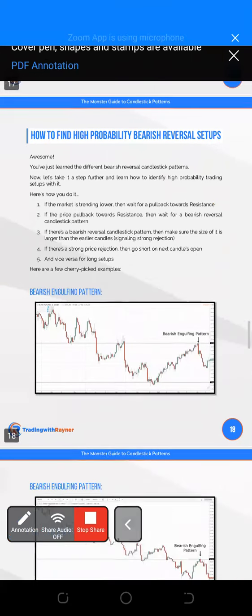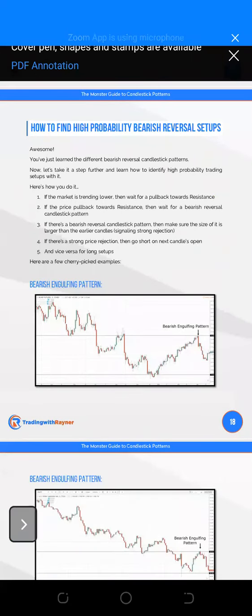How to find a high probability bearish reversal setup. Now, to do this, if the market is trending lower, then wait for a pullback towards resistance. If the price pulls back towards resistance, then wait for a bearish reversal candle pattern.